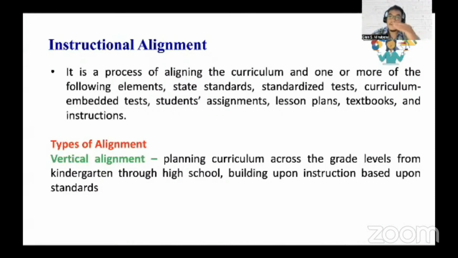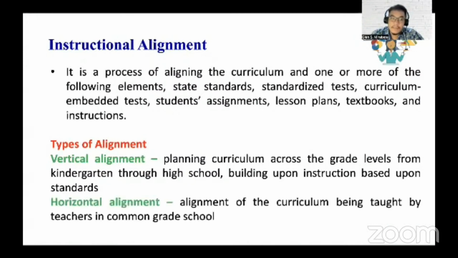So that means if we have here the alignment of the curriculum, I mean the subject, across the vertical levels, so we have here the vertical alignment, and the horizontal level, it's within or across. It's just like a straight line, right? So horizontal alignment of the curriculum is being taught by teachers in a common grade level.